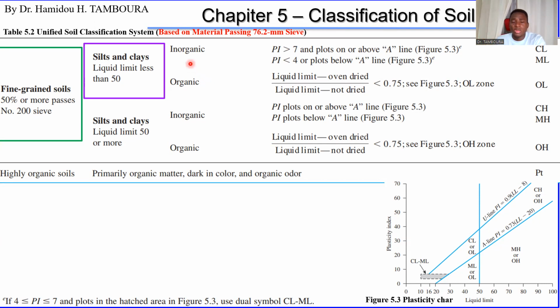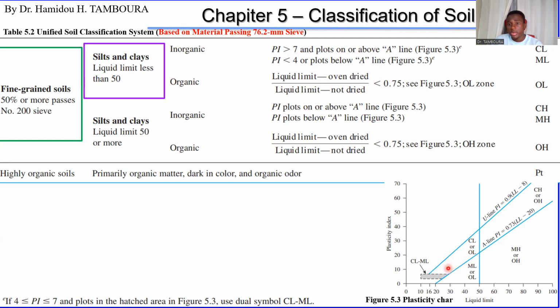So if you have the PI, plasticity index, higher than 7, and you plot on or above the line A. So 7 is around here, and you are above line A. It means it has to be this area.